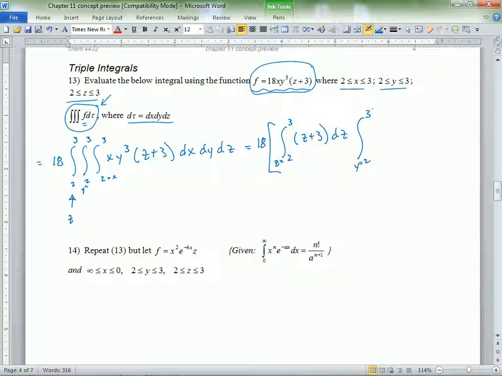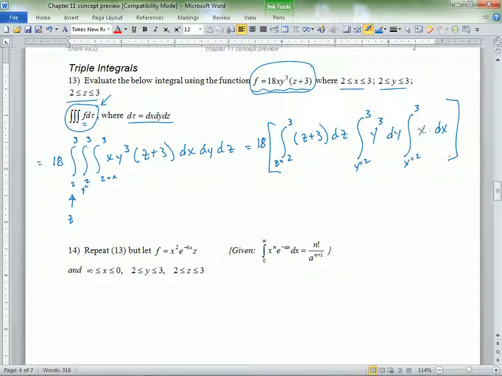Now what's my dy? What's my y function, my y part? Y cubed. And my dx, what's my x part?